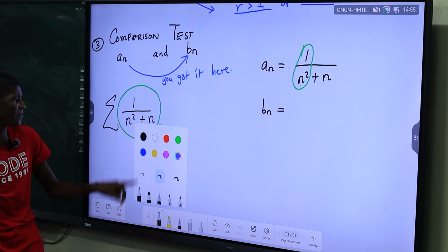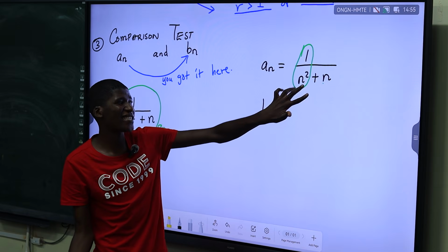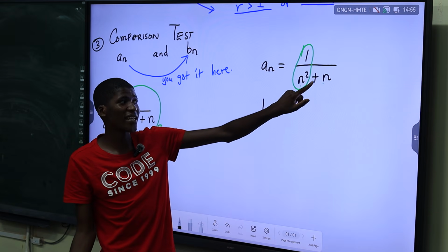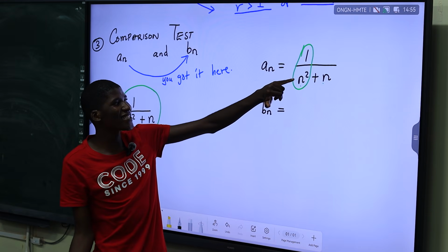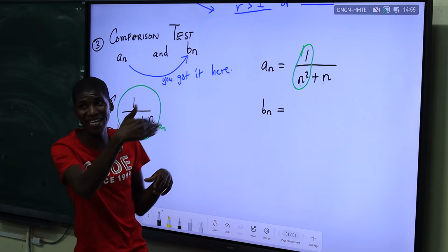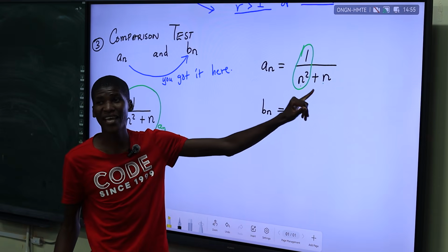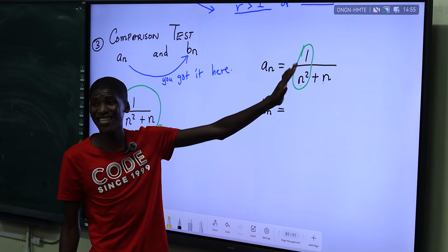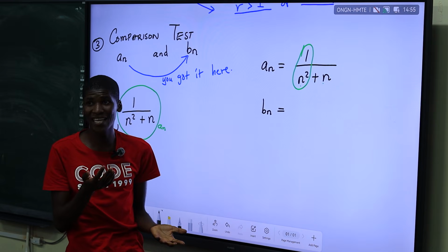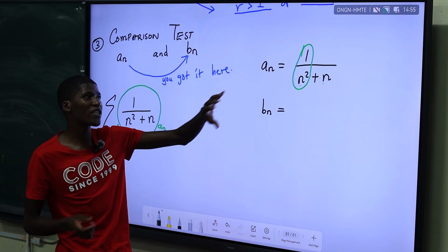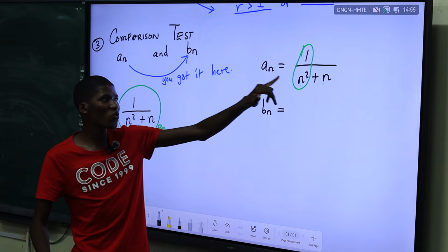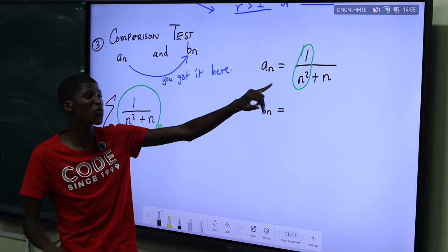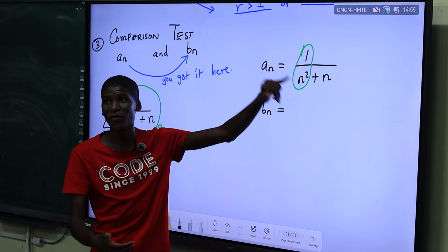Let's talk about significance. Let's compare these terms in n in the denominator. This one is n squared, this one is n. So n squared is more significant if we are adding up our series than n. Why? Obviously n squared is a number squared, but n is just the number itself. So which one tends to be bigger than the other? n squared. In other words, for all values of n, n squared will always be greater than n, and the term we use is that n squared is more significant than n.